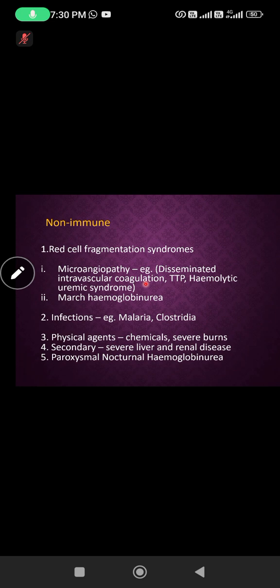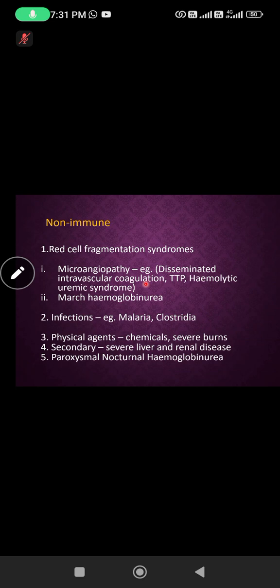One example is septicemia. If you have profound bacterial infection, because of bacterial toxins, the coagulation cascade would initiate and form small blood clots everywhere in the circulation, especially in the microcirculation.